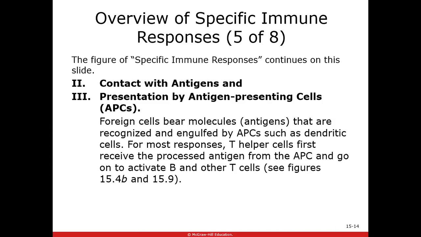In that previous slide, it was a dendritic cell, which means it takes the antigen in, engulfs it, chops it up, and then takes a piece of it and presents it on its surface. For most responses, the T helper cell first receives the processed antigen from the antigen presenting cell, and then they go on to activate the B cells and other T cells.